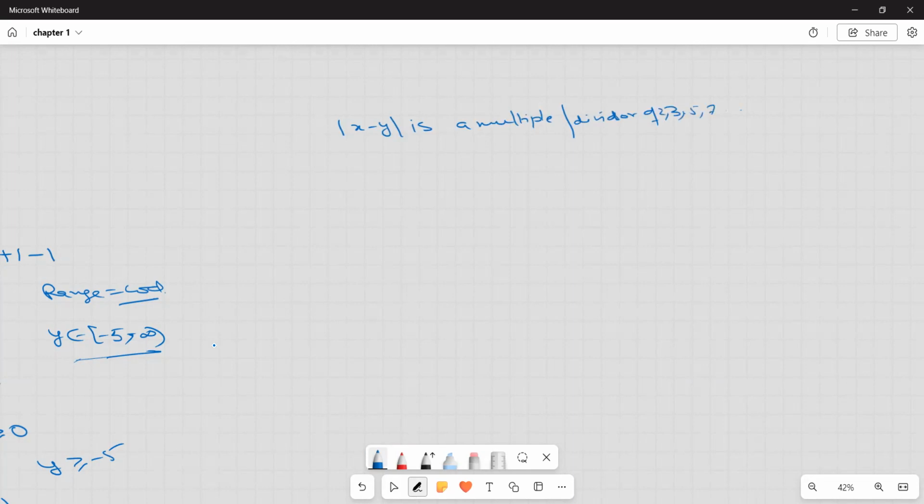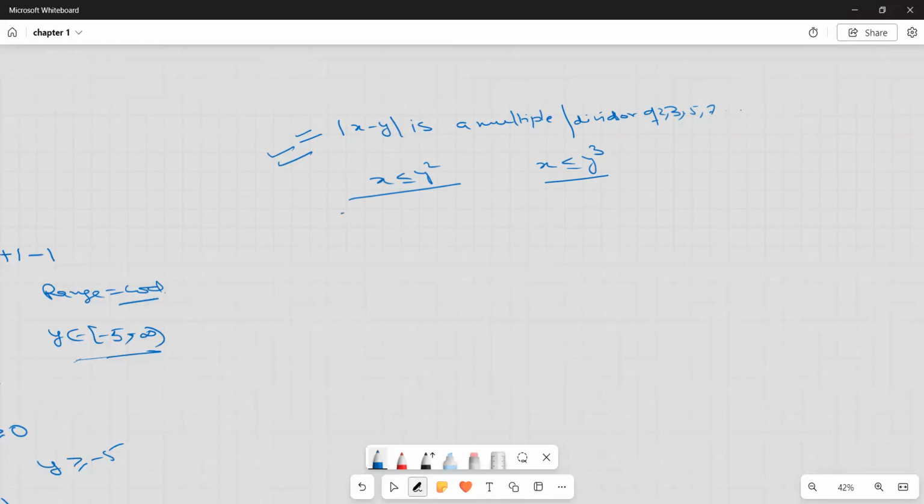This is one of the questions for this equivalence relation. Then there is this inequality, x is less than or equal to y square and x is less than or equal to y cube. These two inequalities are important, and this I have shown in my video of relations and functions. If you check, it's given over there.